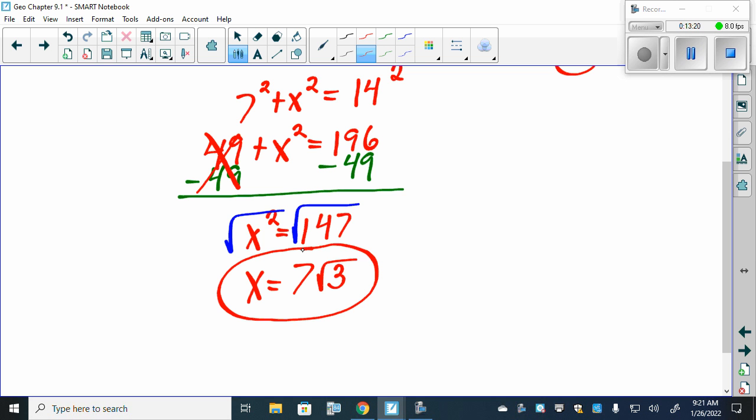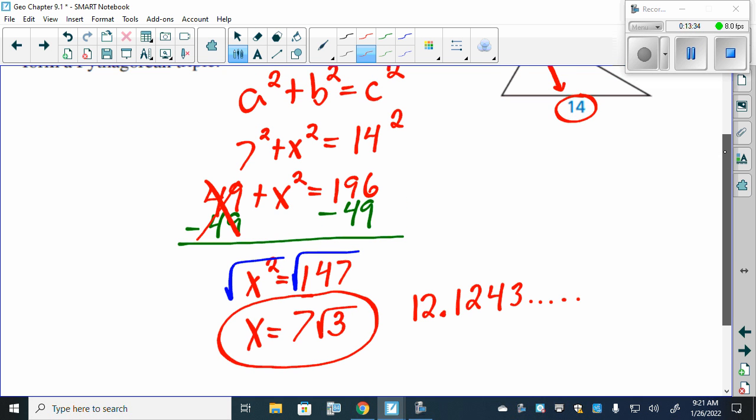And if we approximated it, what would it give us? 12.1. Give me 3 more decimal places after that. And it continues on. It's a non-repeating, non-terminating decimal. It's an irrational number.